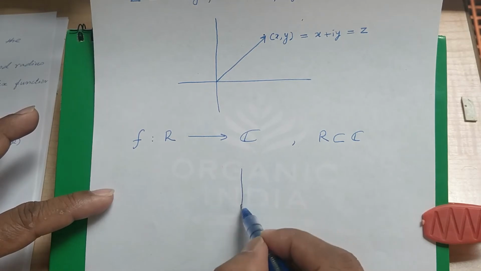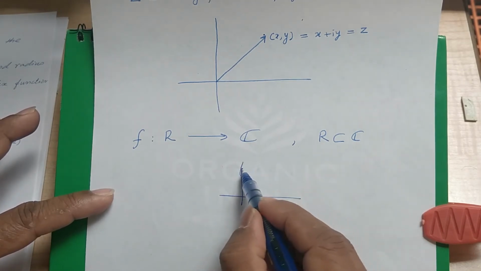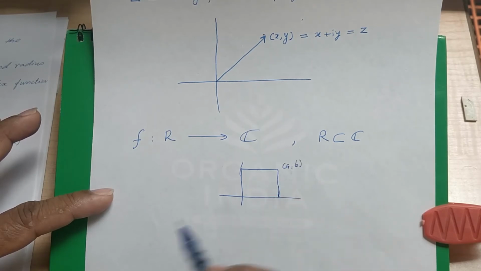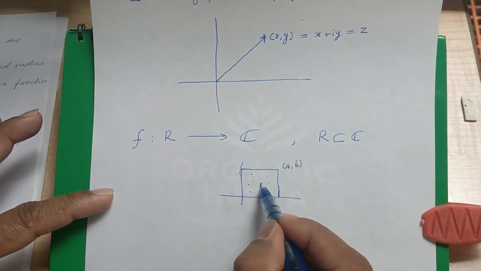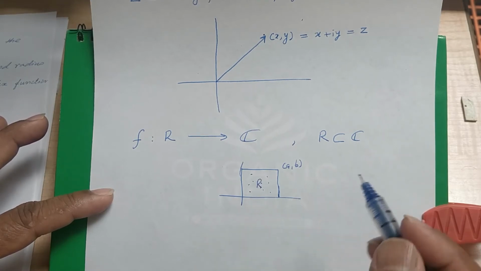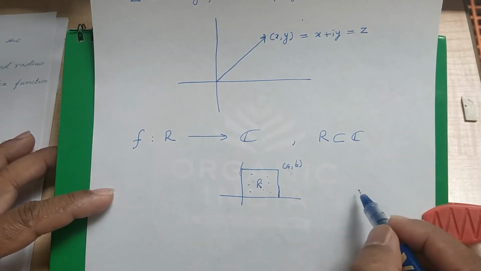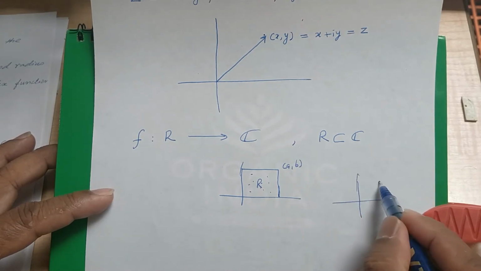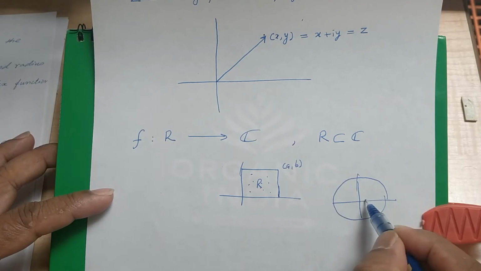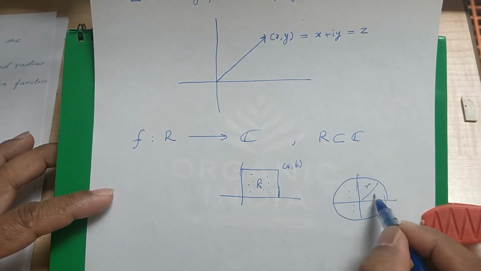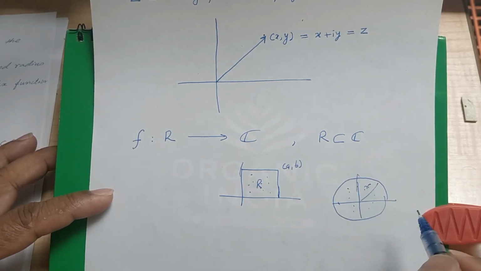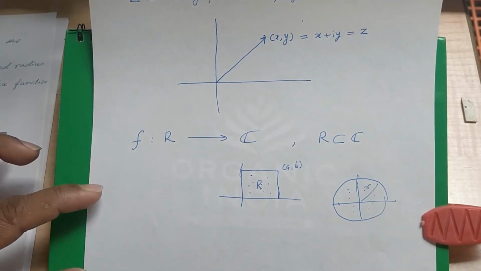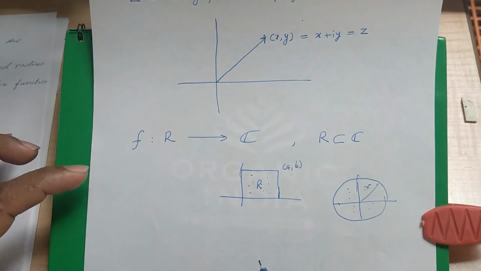So R could, for example, be this rectangle. Okay, this could be our R. R could be a circular region, maybe a circle with radius r, circular region with radius r, and so on. These will be some of the commonly occurring domains, which will not be complicated.